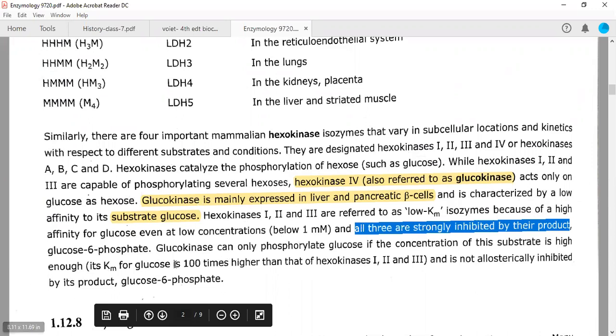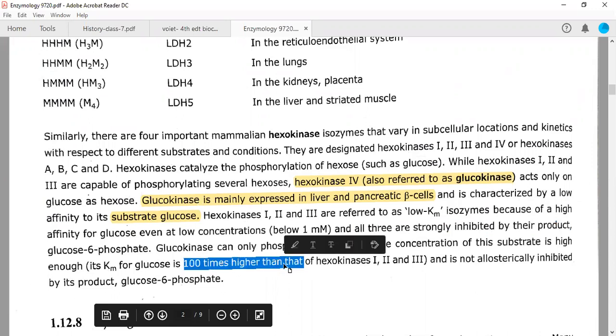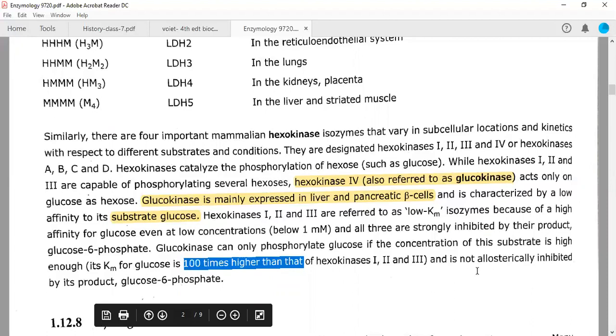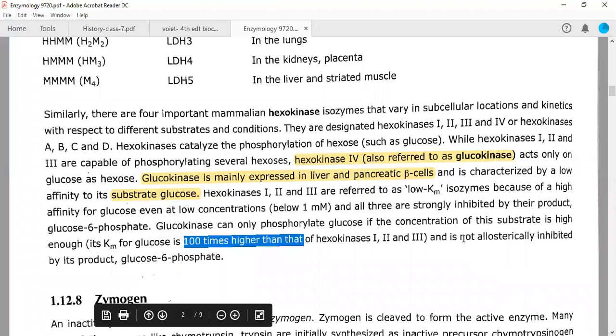Its Km for glucose is actually 100 times higher than that of hexokinase 1, 2, 3. So it will only be activated and able to phosphorylate glucose if the glucose concentration is almost 100 times higher than that detected by these three enzymes. I hope this is clear, and therefore it is not allosterically inhibited by its product, glucose 6 phosphate.